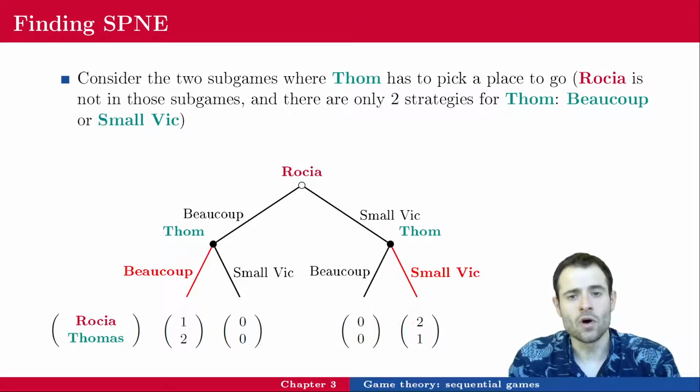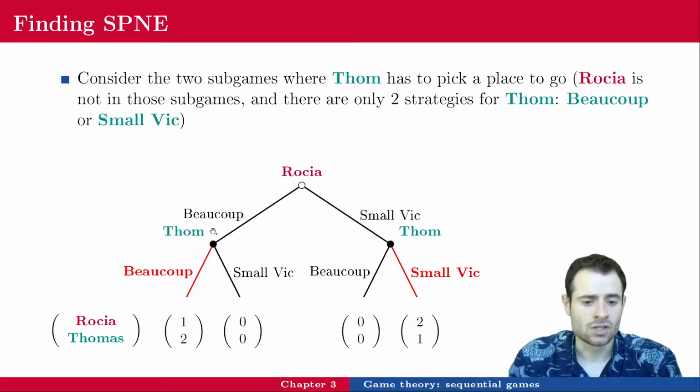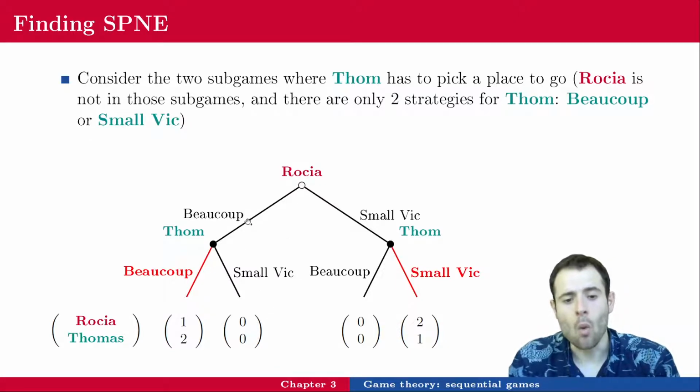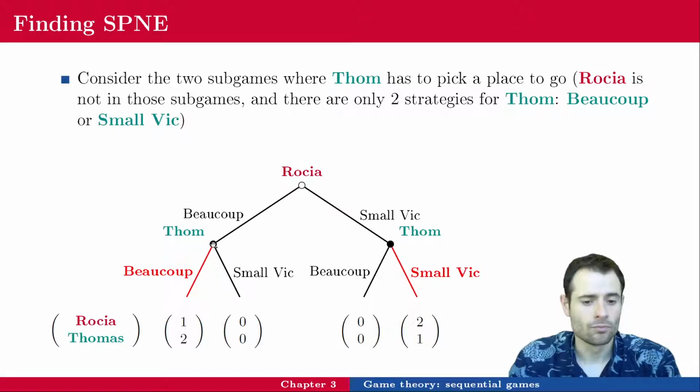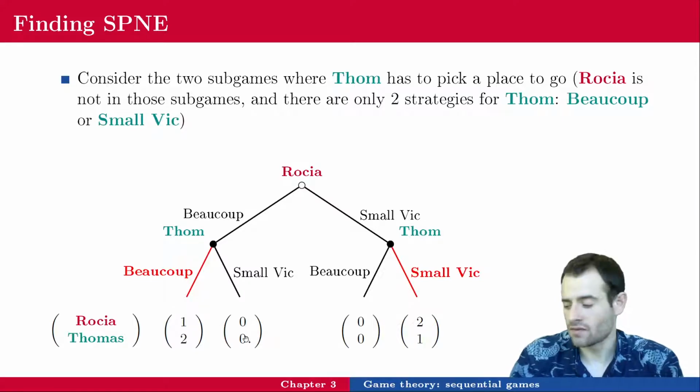Now, let's move on to the second subgame. Here, it's another subgame that corresponds to the history where Rosia went to beaucoup. Tom could go to beaucoup, they both meet, and he gets a payoff of 2. Or he could go to small victory, miss her, and get a payoff of 0.